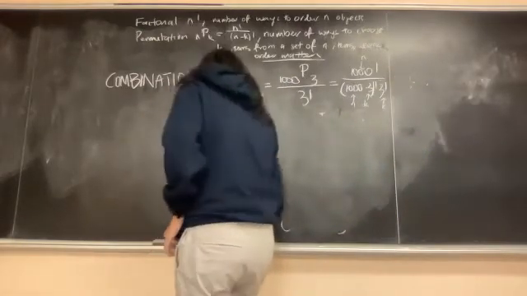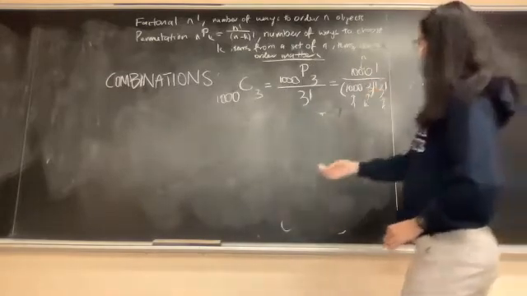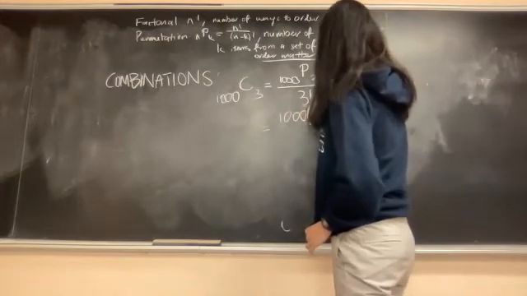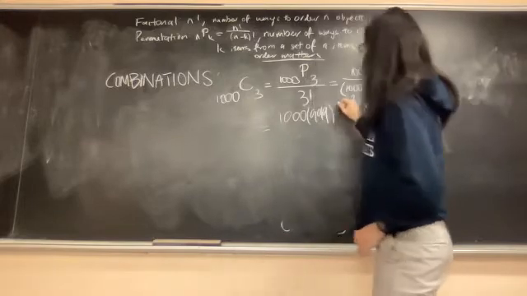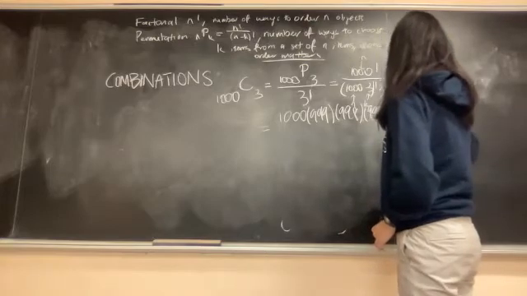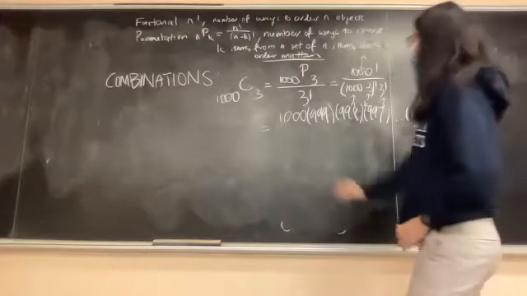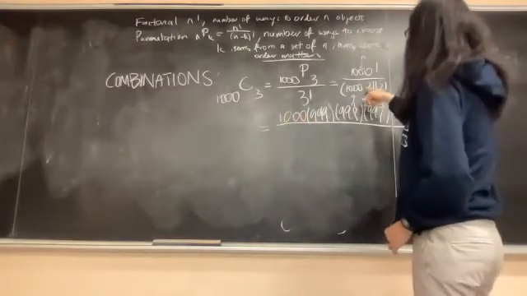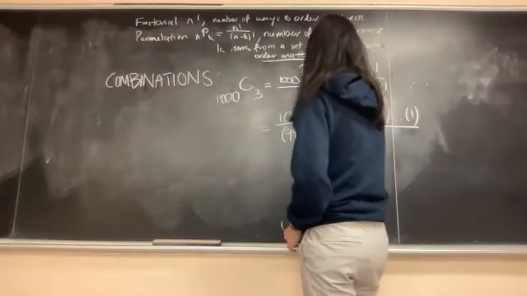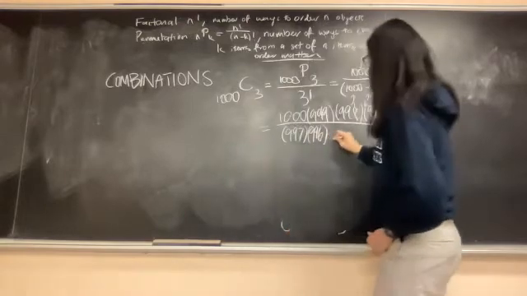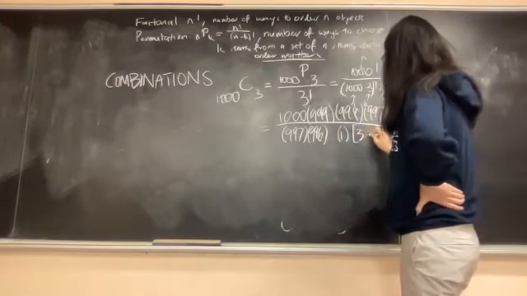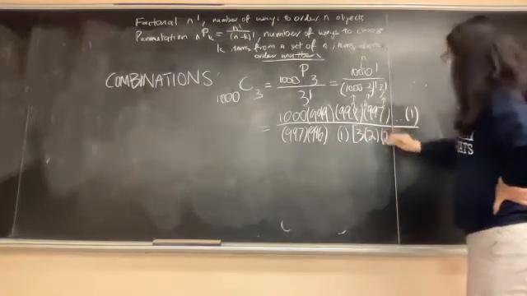Oh, I shouldn't have erased that. Never mind. So 1,000 factorial equals 1,000 times 999 times 998 times 997 until 1. You multiply all of them. Then you divide by 1,000 minus 3, which is 997, times 996, until 1, and then multiplied by 3 times 2 times 1.